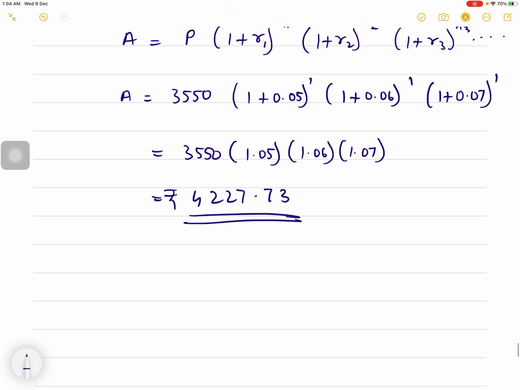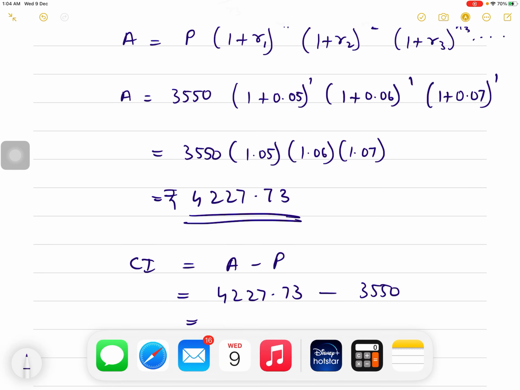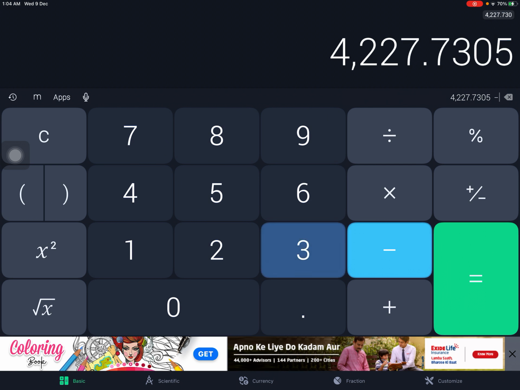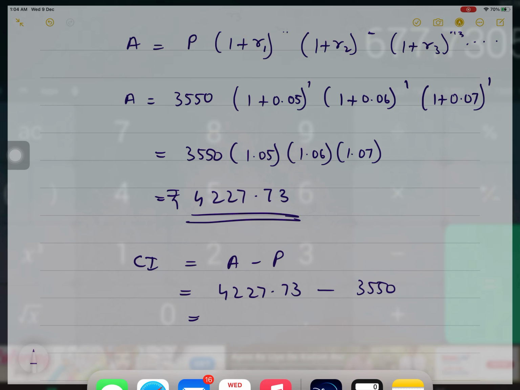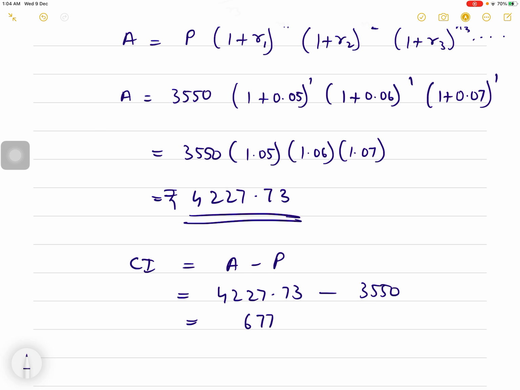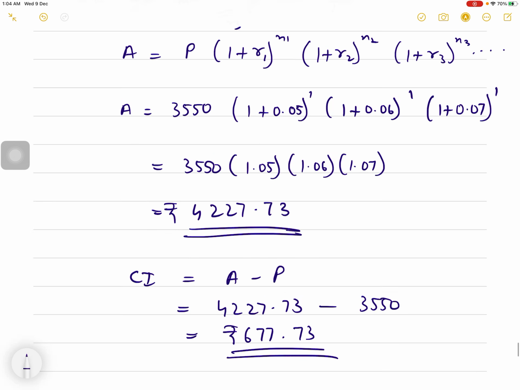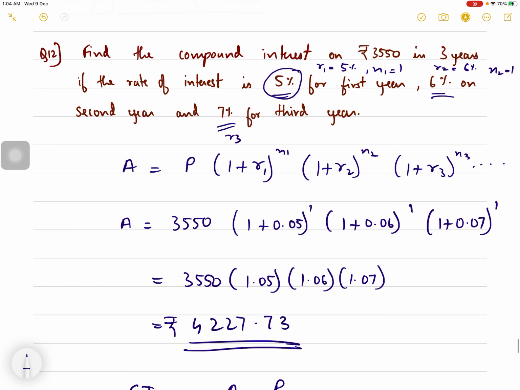But compound interest is asked. So compound interest is equal to amount minus principal: 4,227.73 minus 3,550 is 677.73. So compound interest is 677.73.